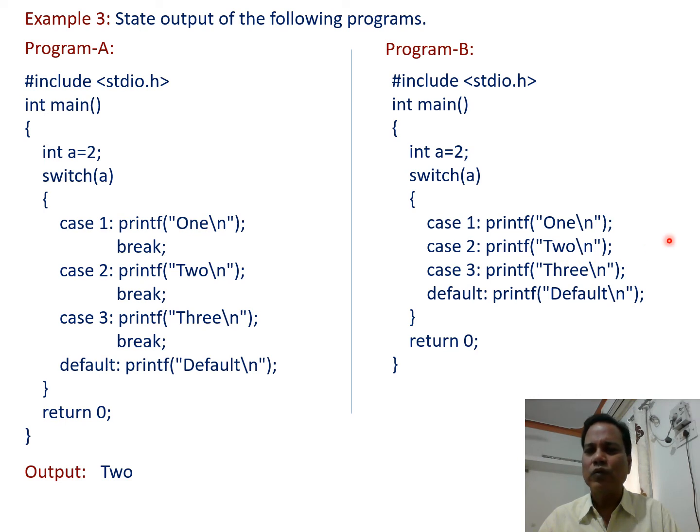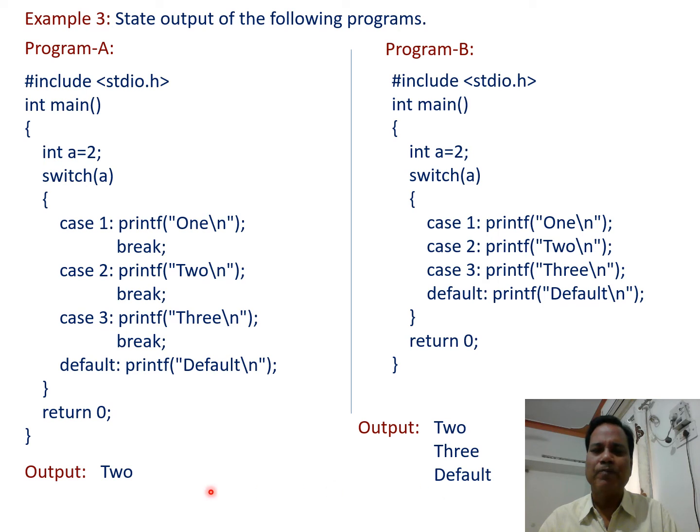But not only 2 is printed, the statements in the following cases are also printed because control doesn't come out of the switch statement. So we get an output like this, which is not the desired output.